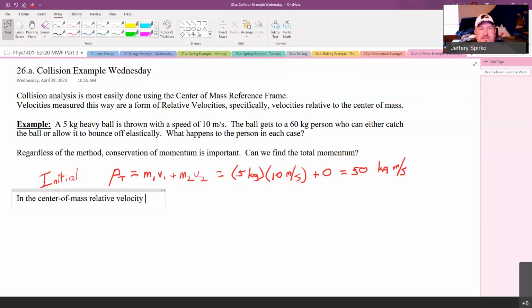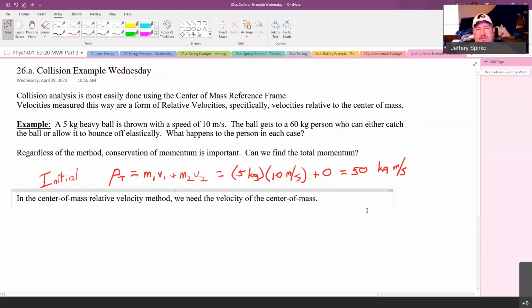Now the next thing we need is the velocity of the center of mass. And here is how that is defined. The total momentum is equal to the total mass times the velocity of the center of mass.